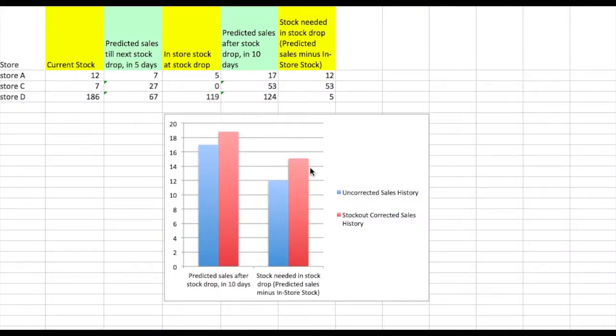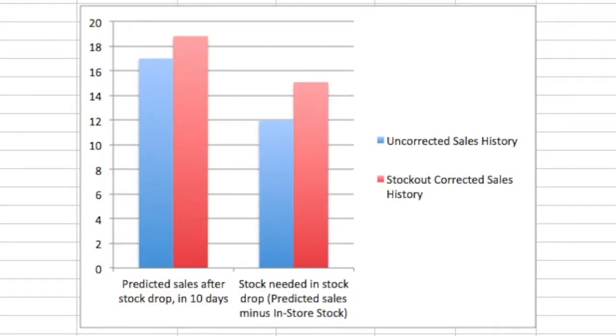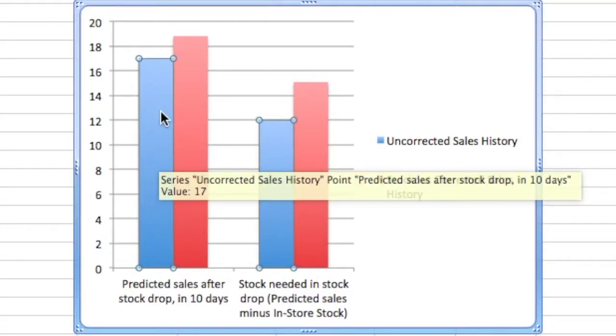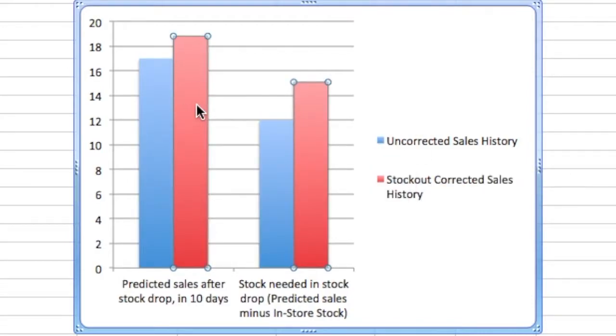It's just an example that shows a normal stock ordering calculation that uses predicted sales. You can see here that the previous predicted sales was lower because our sales in the history that we used was lower because we had a stock out. If we corrected the sales during the stock out, we get a higher prediction of future sales.